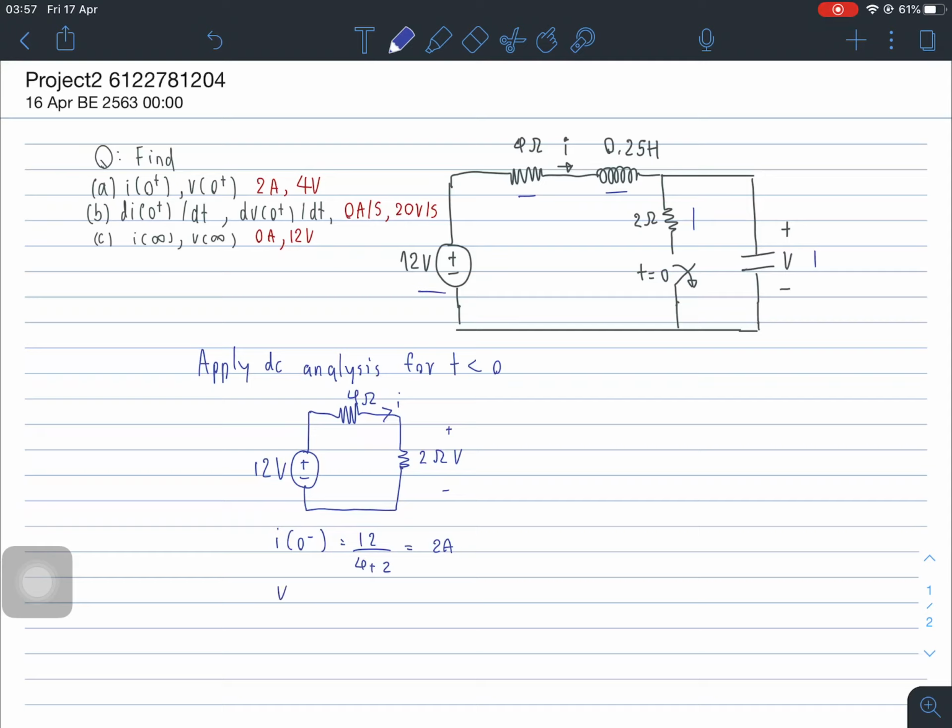And we know that v(0-) is 2 multiplied by i(0-), so 2 multiplied by 2, and we get 4 volts.